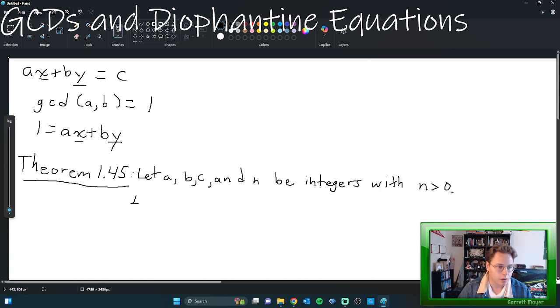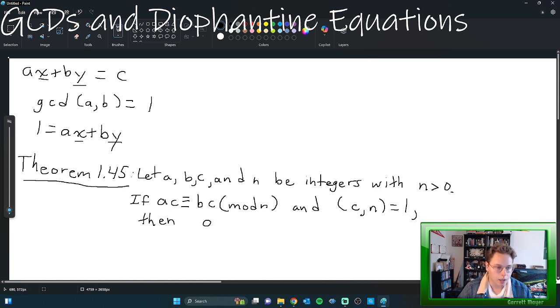If AC is congruent to BC mod n, and the GCD of C and N equals 1, then A is congruent to B mod n.